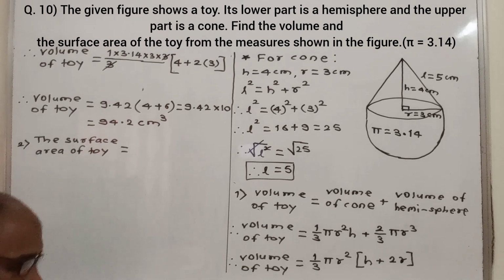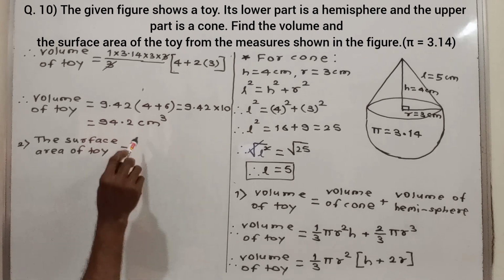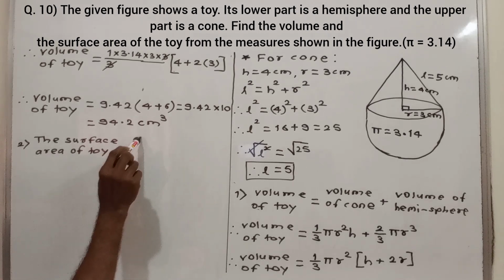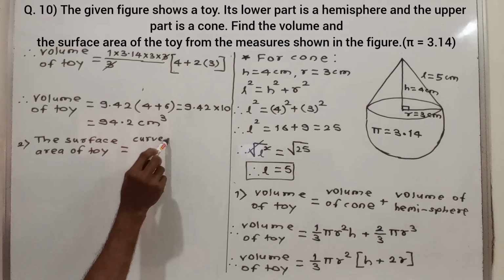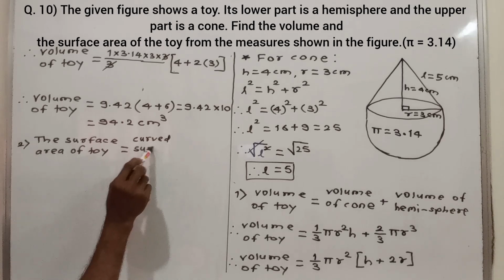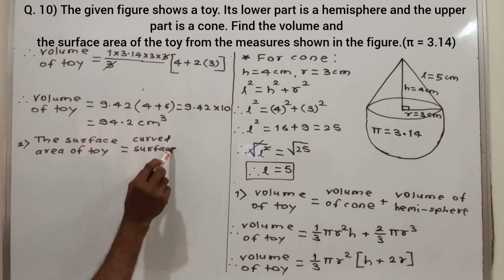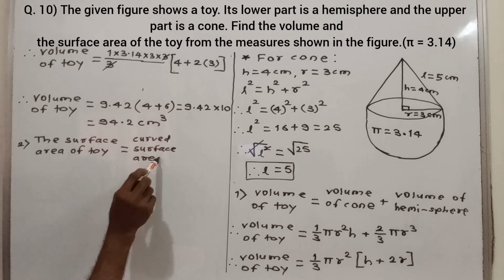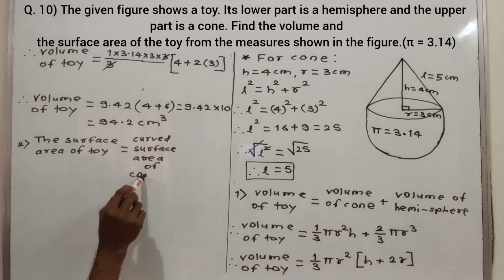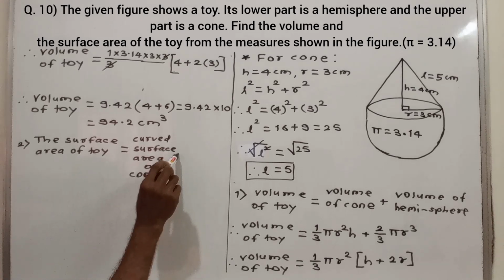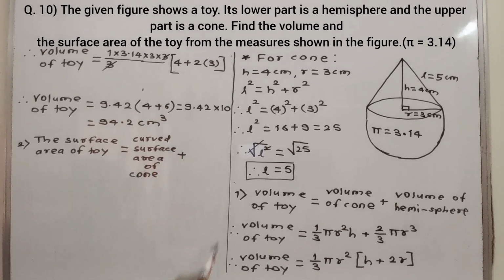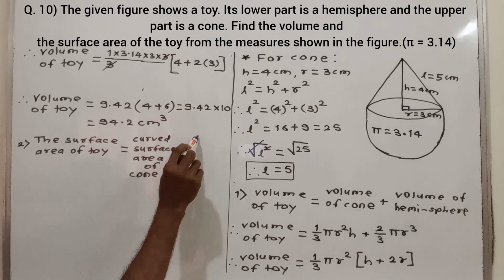Now this toy is made from cone and hemisphere, so we write it is equal to curved surface area of cone plus curved surface area of hemisphere.